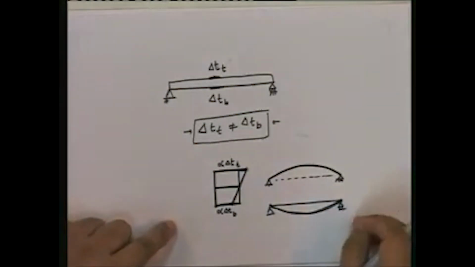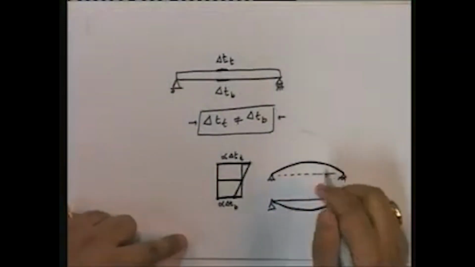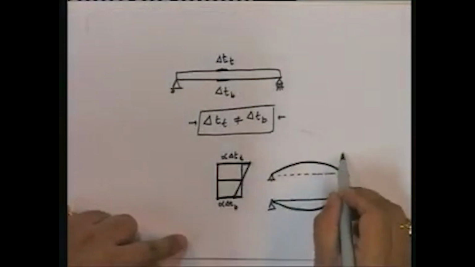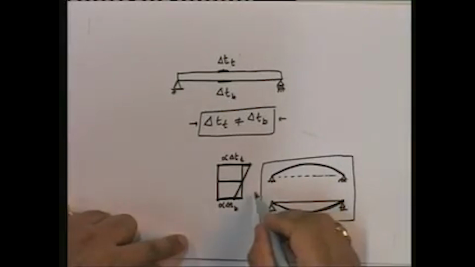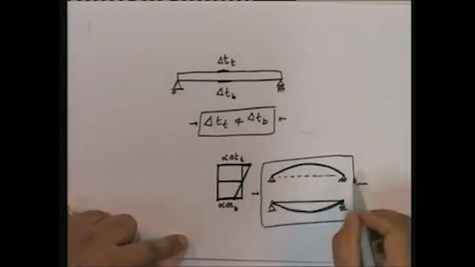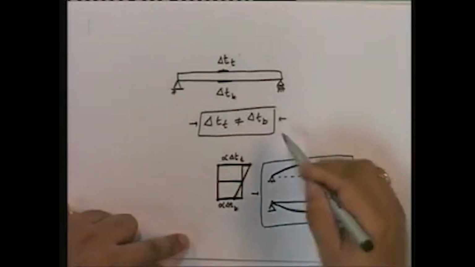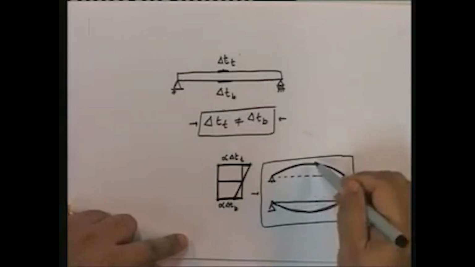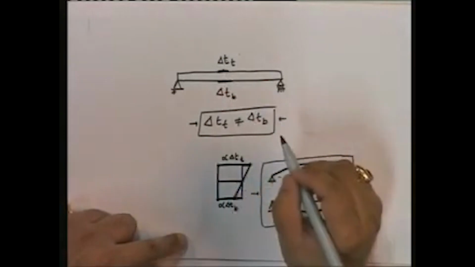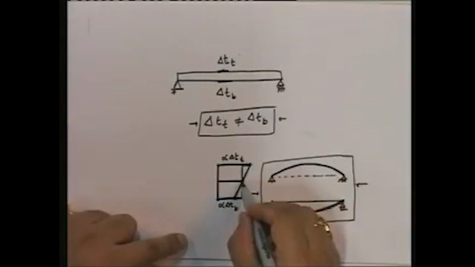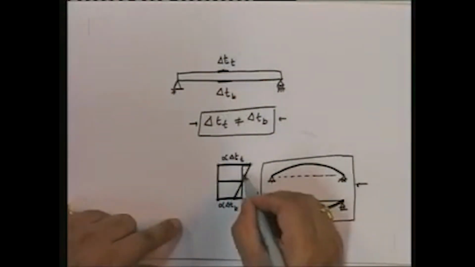So therefore, a differential temperature actually leads to flexure in a simply supported beam. So not only does loading lead to flexure, differential temperatures also lead to flexure. And how much is that flexure? Let's look at that.